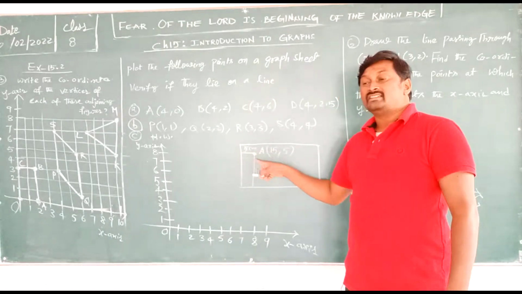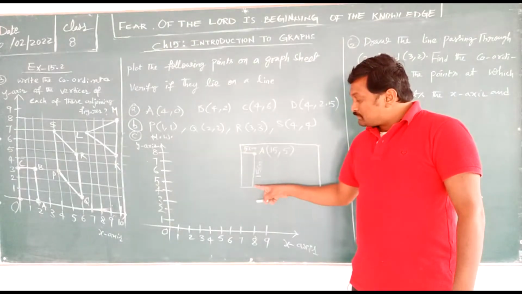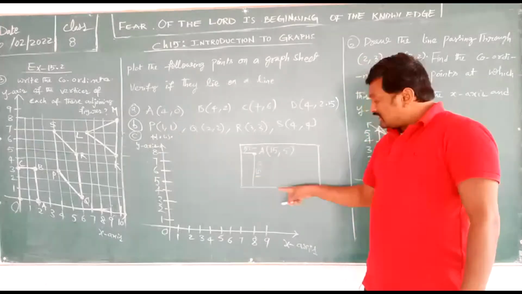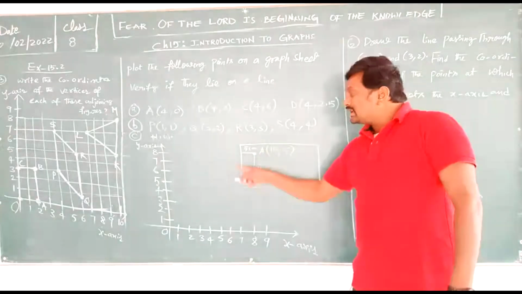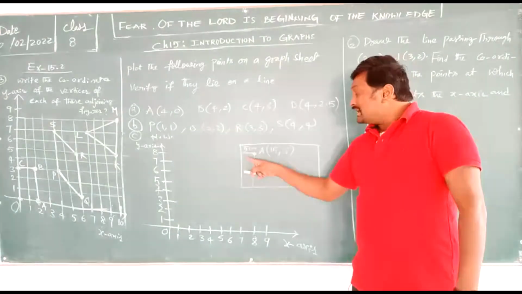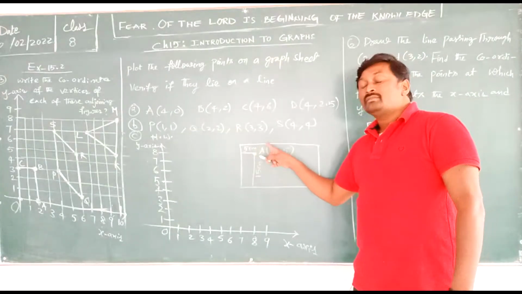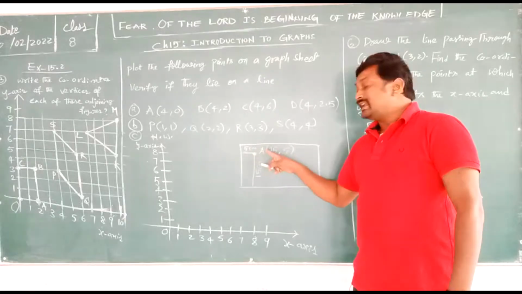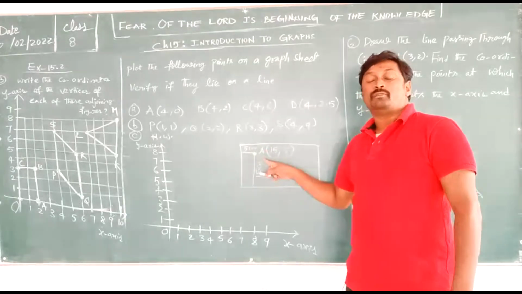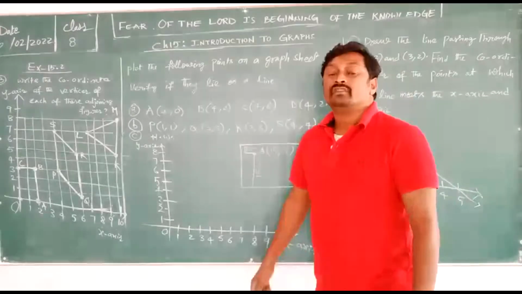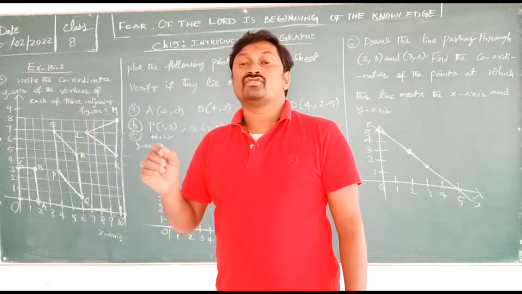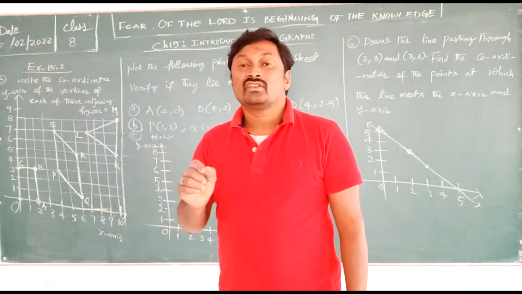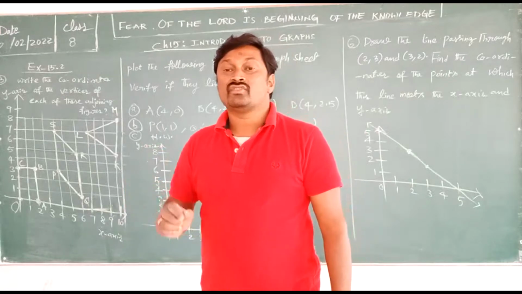So the horizontal line to the point distance and the vertical line to the point distance give you the position of a point. If you find the position of a point like that, we call that geometry coordinate geometry. Which geometry? Coordinate geometry.